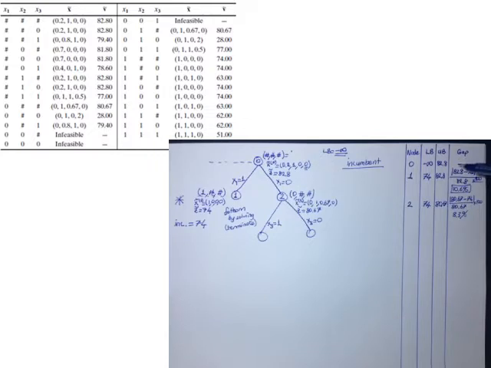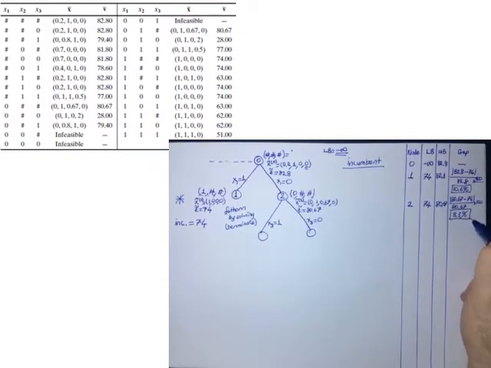Okay, so initially when we write this sign here, it means that your gap value is infinity, in fact. From infinity you reduced its value to 10.6 by updating your lower bound. And here from node 1 to 2, what happened? Your lower bound is the same, but your upper bound reduced, and that's why your gap value is changed from 10.6 to 8.3.